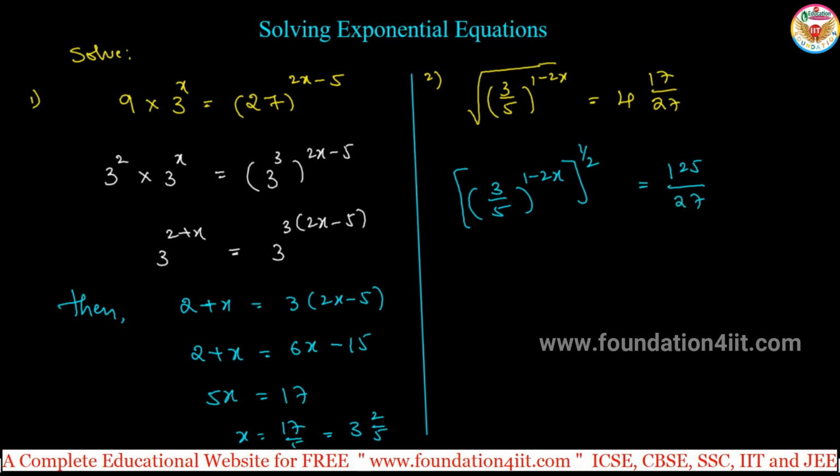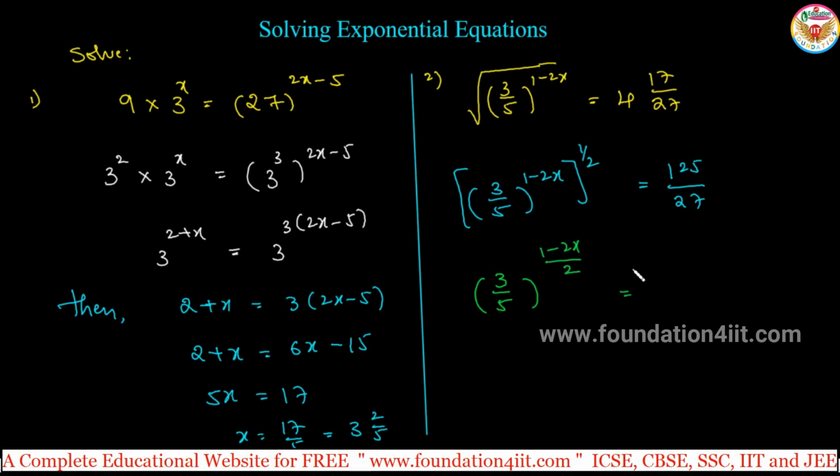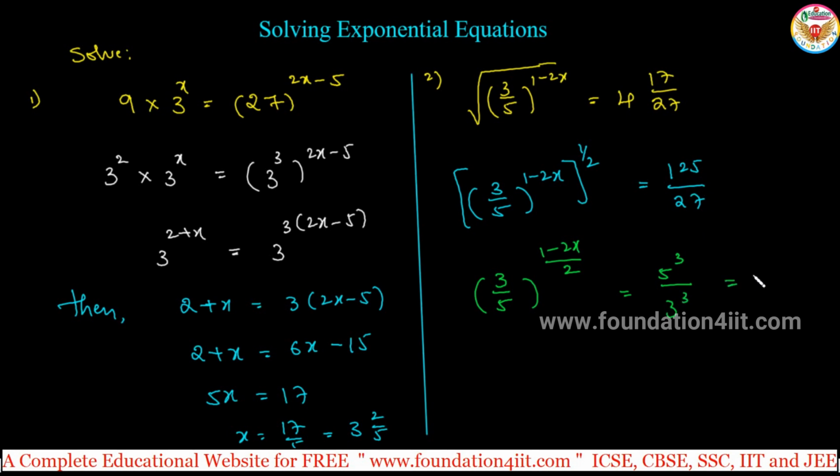You'll get the same base while solving. Now (3/5) whole to the power (1 minus 2x)/2, multiplying the powers. Check whether we can write 125 and 27 as powers with base 3 and 5. Yes, we can: 125 is 5 cube and 27 is 3 cube. That's nothing but (5/3) whole cube.